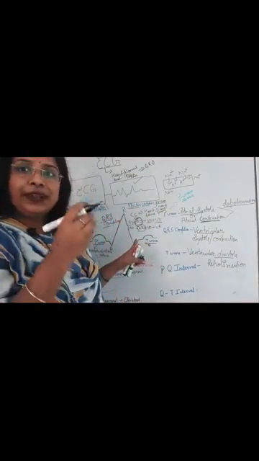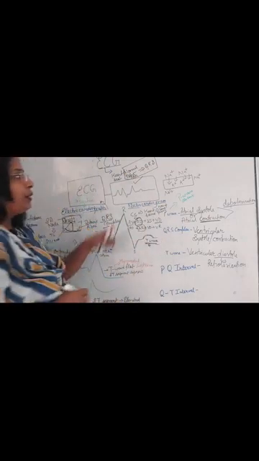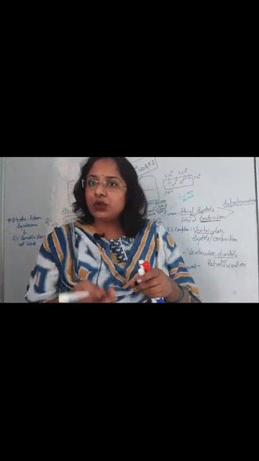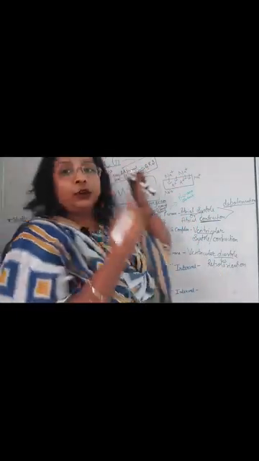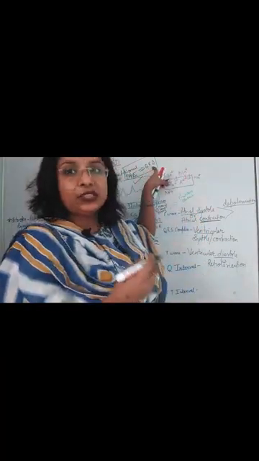QRS complexes are easily visualized, so we can say that the normal pulse rate is calculated by QRS. But we can also calculate the normal pulse rate or heartbeat by counting the P wave or the T wave. But QRS is a big peak, so it is easy to count. So we can say the normal pulse rate will be counted by the QRS complex.